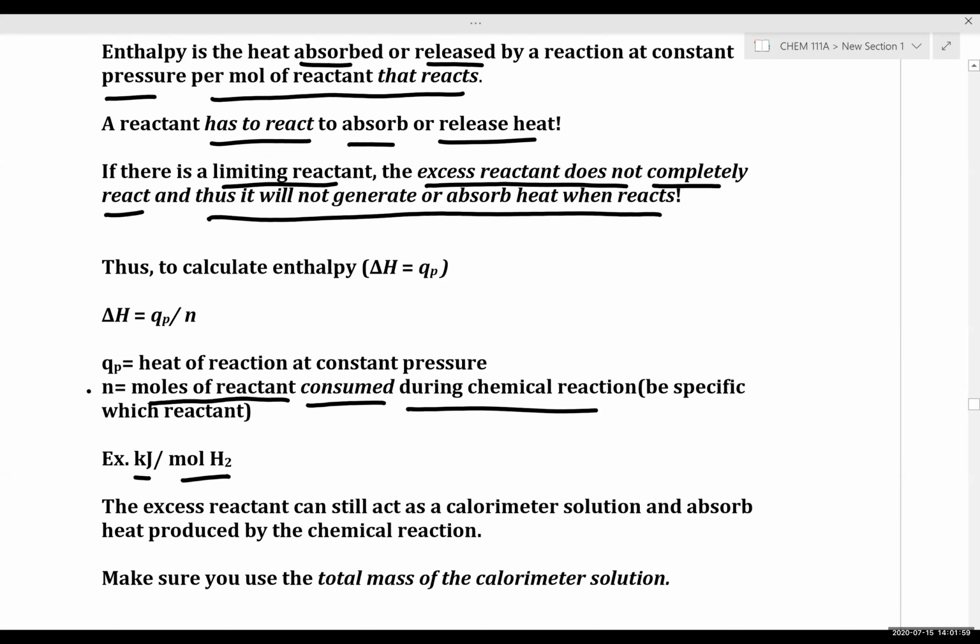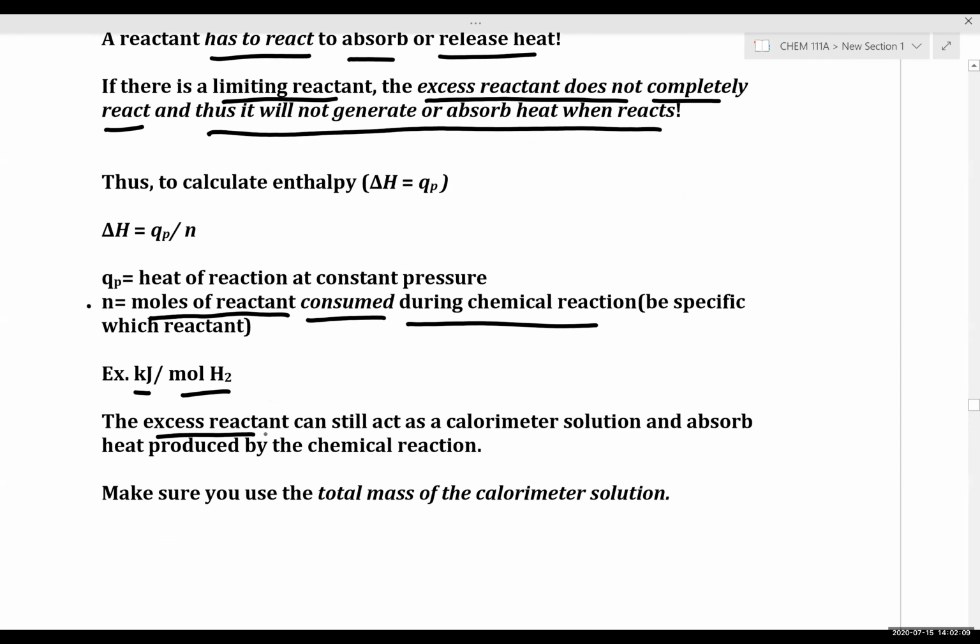You need to be specific in your chemical equation what reactant you're referring to when you talk about enthalpy. Now, the excess reactant can still act as a calorimeter solution, and it still absorbs heat produced by the chemical reaction. As such, you want to make sure you use the total mass of the calorimeter solution.